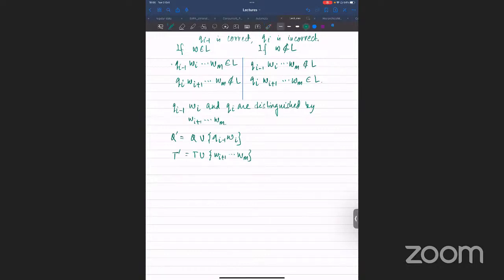So note that Qi minus 1 Wi was T equivalent to Qi.